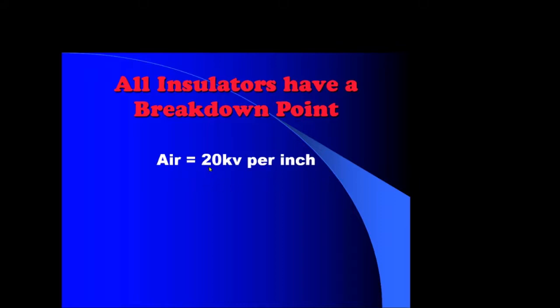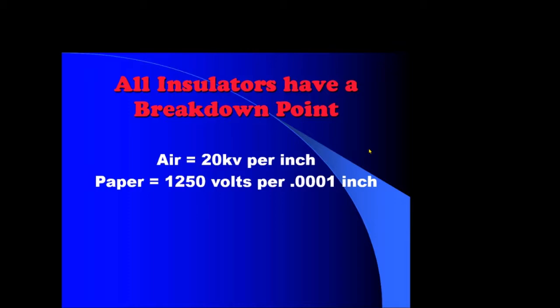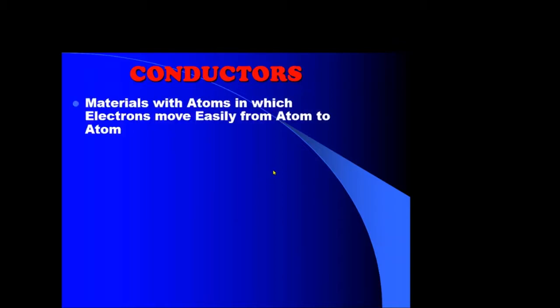Air, you need about 20,000 volts to break over an inch of air. So if you have an air gap, you would need 20,000 volts to actually jump across a 1-inch gap. Paper is about 1250 volts per 0.001 inch. So not much there.